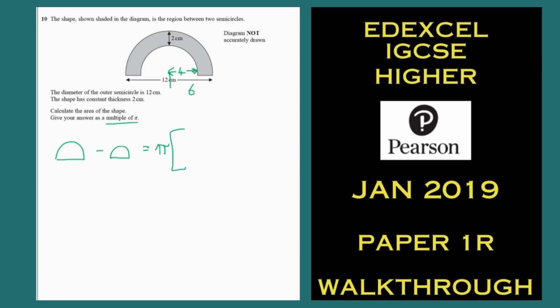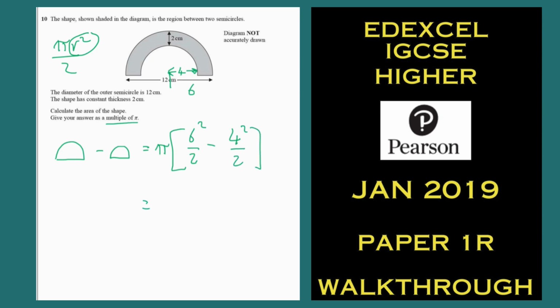Now it wants the answer as a multiple of pi, so I'm going to leave pi out of it. So it's, as we know, area of a shape is pi r squared, so we're just really now focused on the r squared parts, but they're semicircles, so it's r squared halved. So we've got 6 squared halved minus the smaller semicircle, which is 4 squared halved.